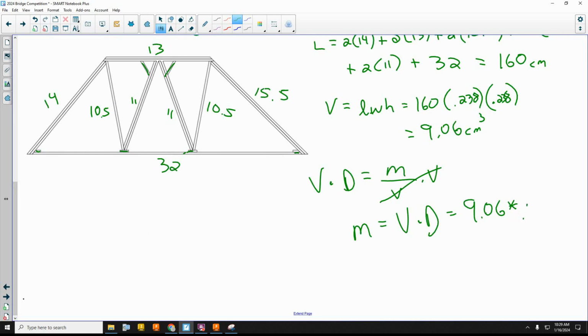So 9.06 times 0.462, that is 4.19 grams. Okay, so that's the average. And that's just an estimate.